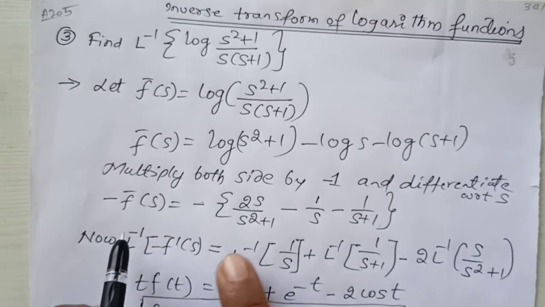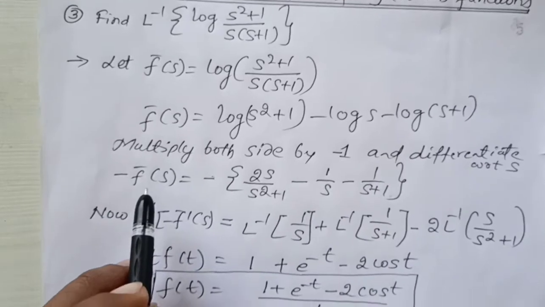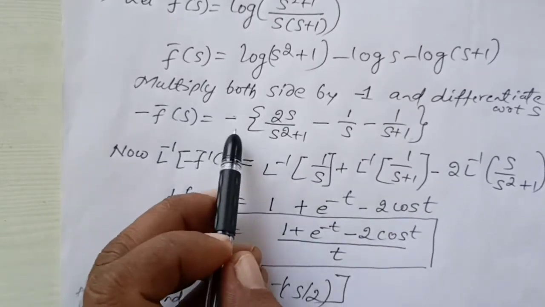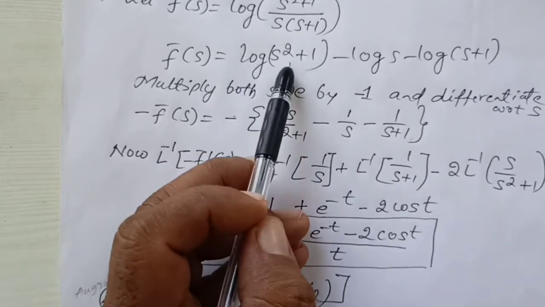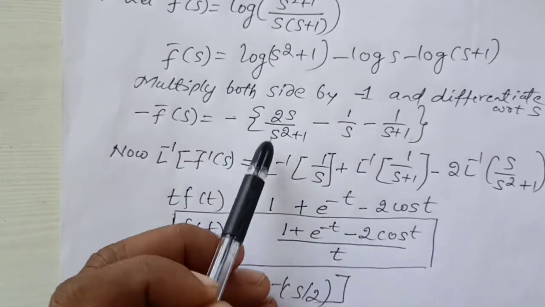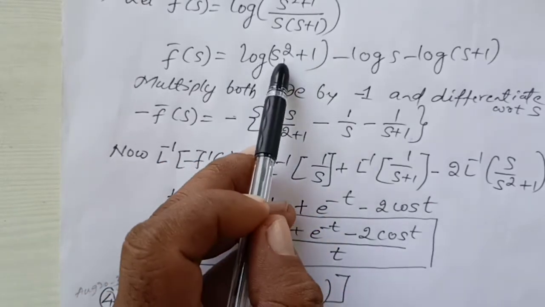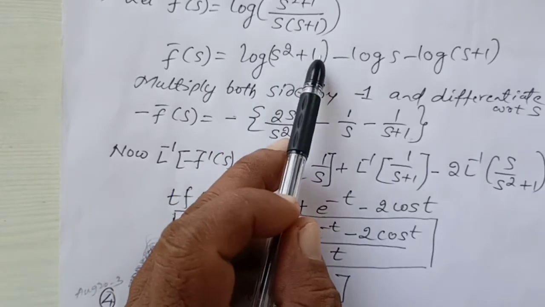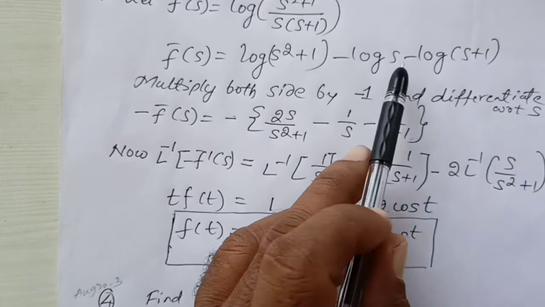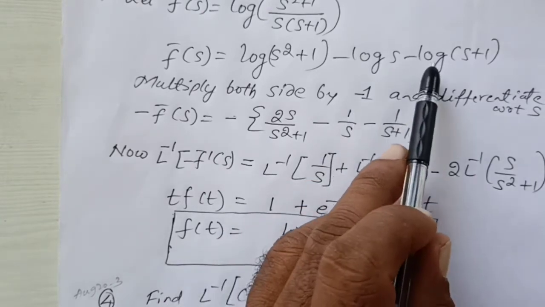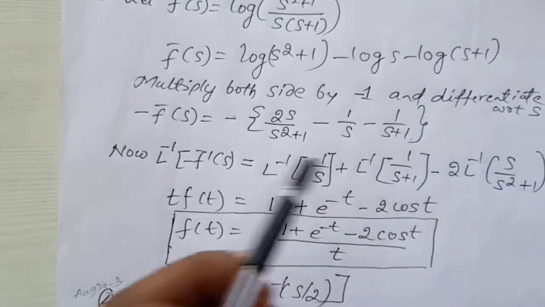Minus f dash bar s equals, on this side also with the minus, the differentiation of log of s square plus 1 is 1 upon s square plus 1 times 2s, since the differentiation of s square is 2s and of 1 is 0. Next, minus log s gives 1 upon s, and the differentiation of the last term gives 1 upon s plus 1.